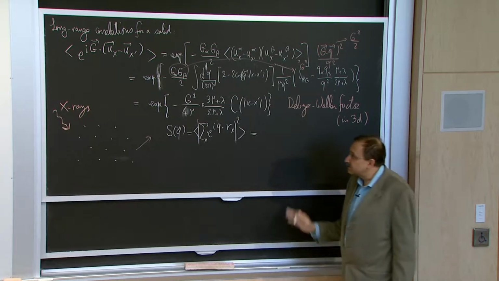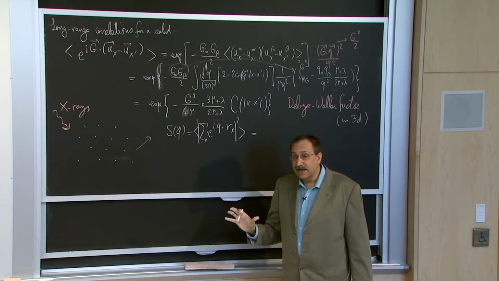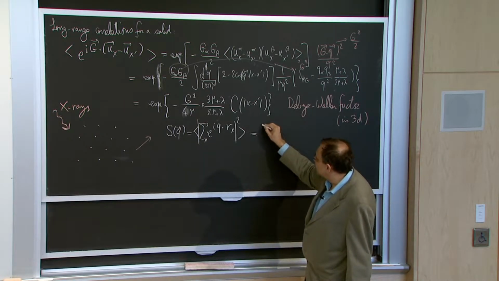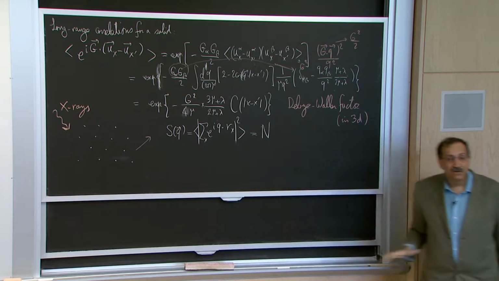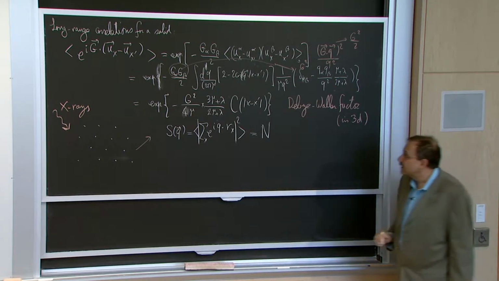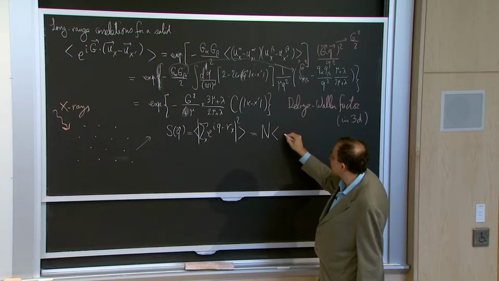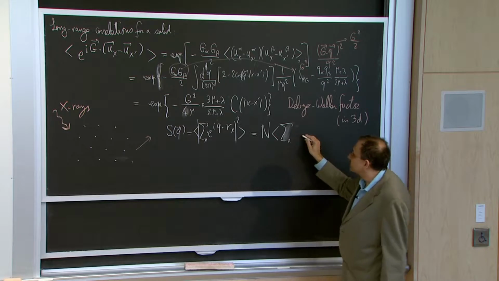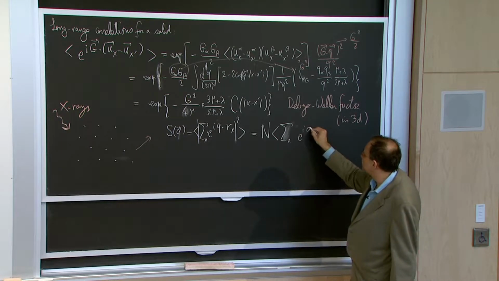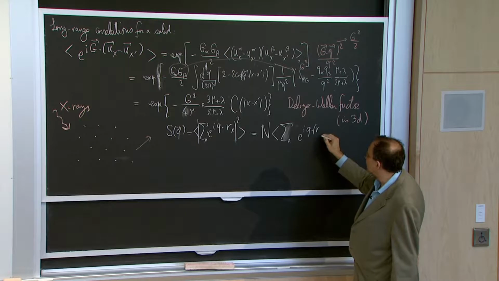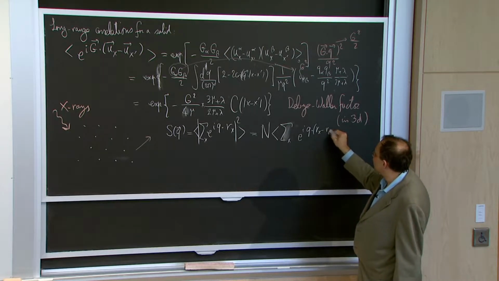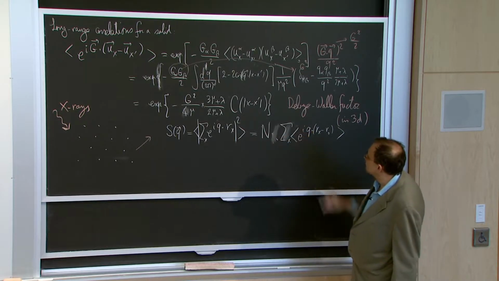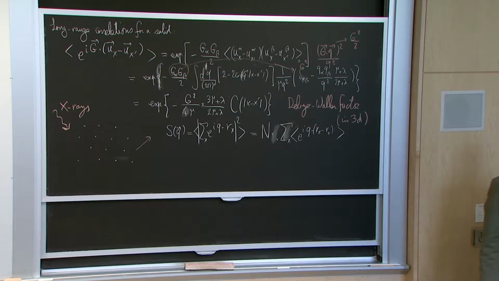Because of translational symmetry, I can relate that sum over pairs of points to a center of mass that typically would pick up the number of points that I have, and then the expectation value of e to the something like sum over all points, e to the i q dot r of x minus r of 0 average. This average I can certainly take out here. Okay?